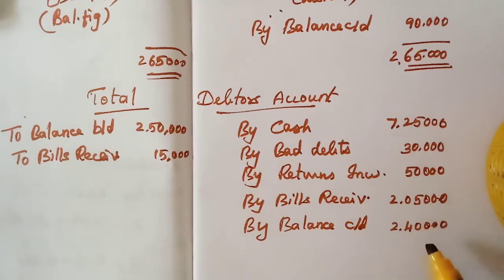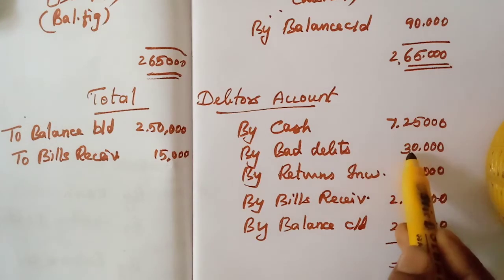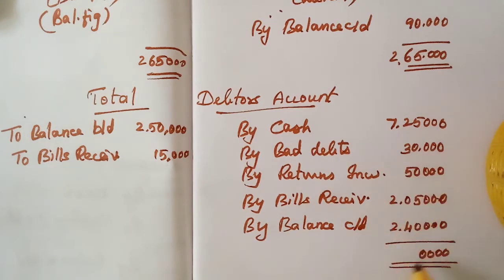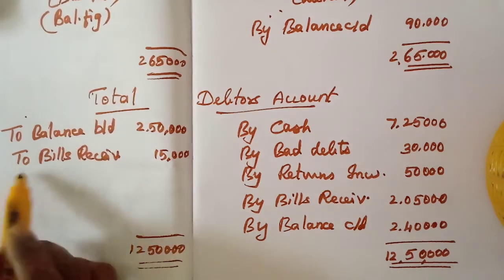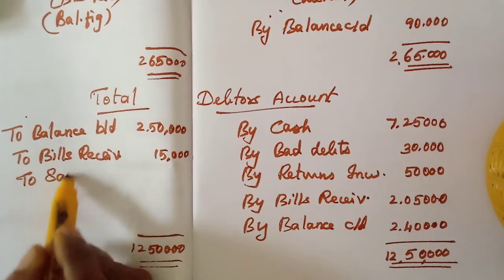Now we should balance the account. 0, 5 plus 5, 10, balance 1, 3, 6, 11, 15, balance 1, 3, 5, 5 plus 7, 12. 12,50,000. Then sales, balance.